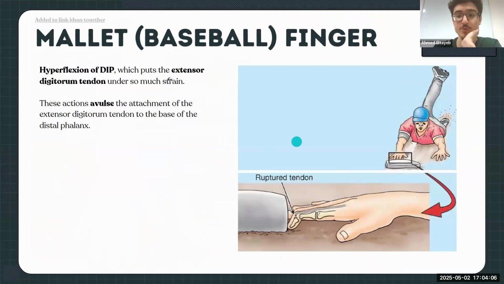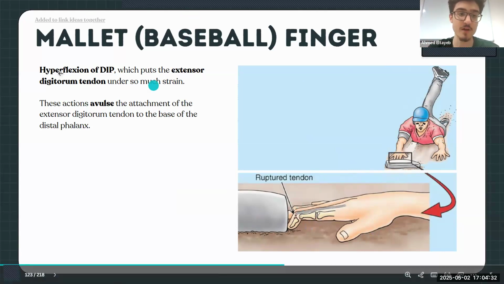This wasn't discussed in the lecture, but it was mentioned much further on, so just keep everything connected. If you have a mallet finger, an injury common to baseball players, where the most distal part of the finger gets jammed between the ball, I don't really play baseball, but you get the idea.